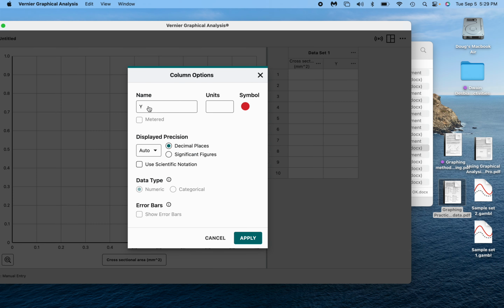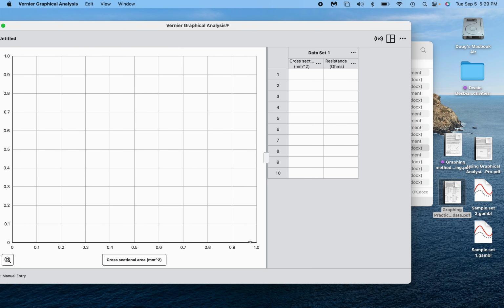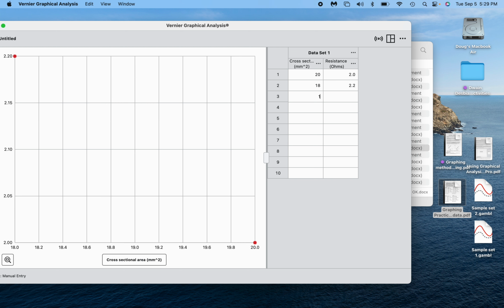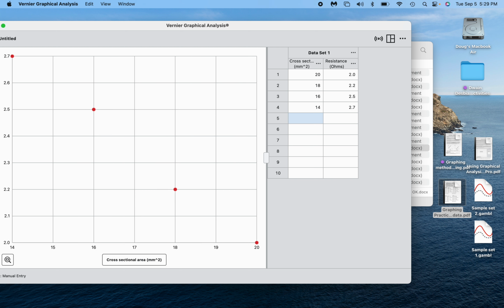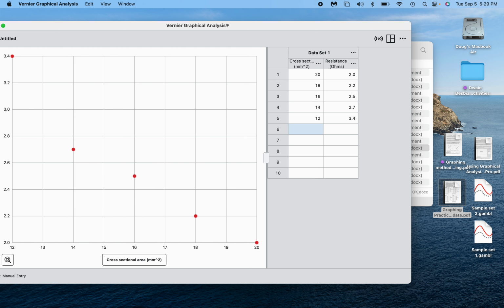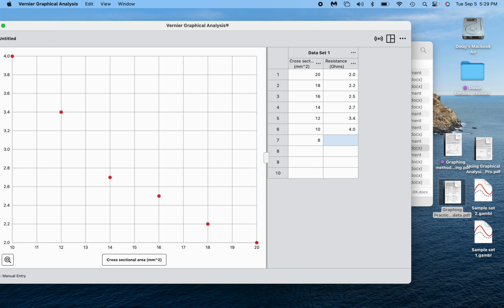Then I'm going to have this one be resistance. That's going to be in units of ohms. And again here, I think I went to 1 decimal place with the data, so I'm going to continue with that. So I'm going to type things in. And I had initially 20, and then 2.0, 18, 2.2, 16, 2.5, 14, 2.7, 12, 3.4, 10, 4.0, 8, 4.9.